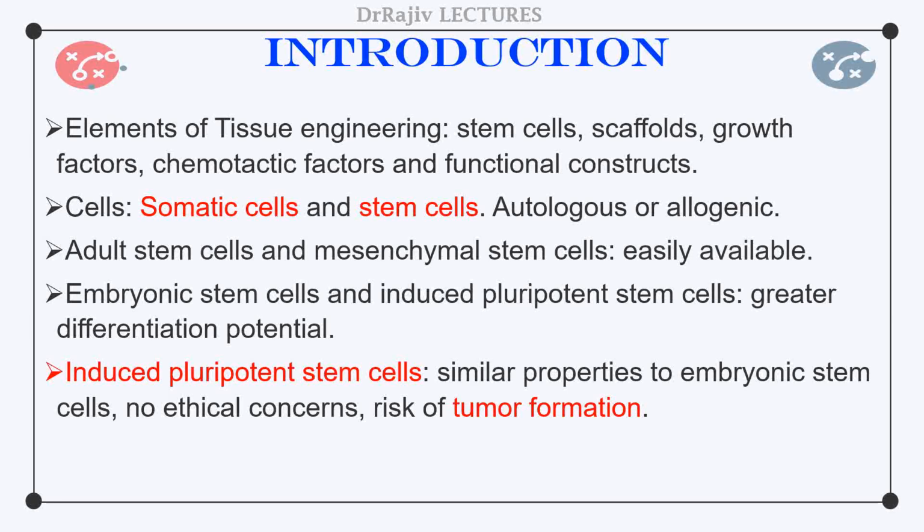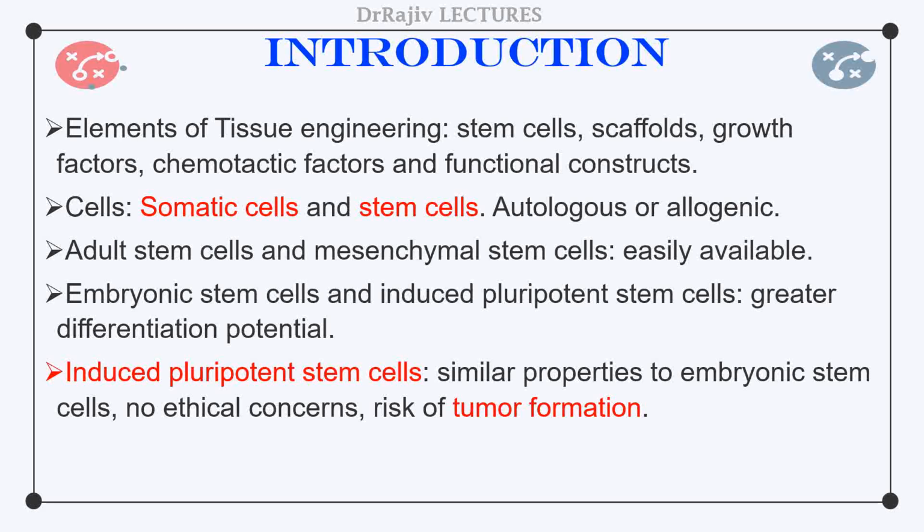While embryonic stem cells, ESCs, and induced pluripotent stem cells, iPSCs, have shown great potential in tissue engineering, adult stem cells, ASCs, and mesenchymal stem cells, MSCs, have advantages in terms of availability and ease of isolation. The choice of cell source is important for the success of clinical applications.